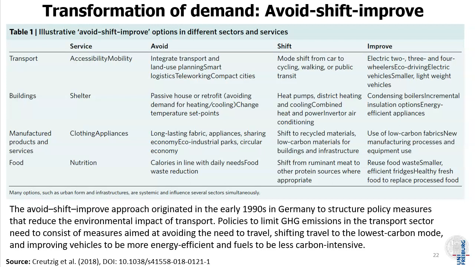And the three together, so avoiding consumption, shifting the mode of service provision, and improving products and devices, can help to have a major cut in environmental impacts, but at the same time reaching very positive social outcomes.